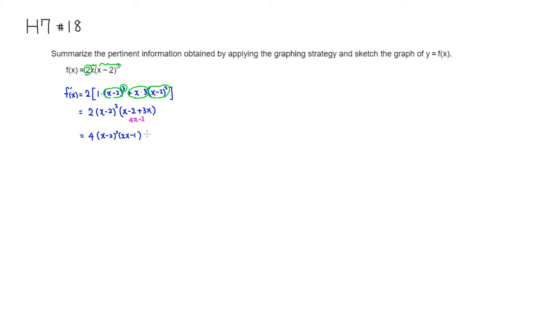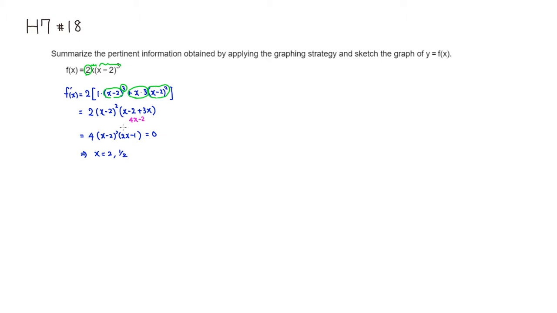If you set that equal to 0, we can find the critical numbers. So x equals 2 is one of them. I set 2x minus 1 equal to 0, so you have 1/2 as the other one.